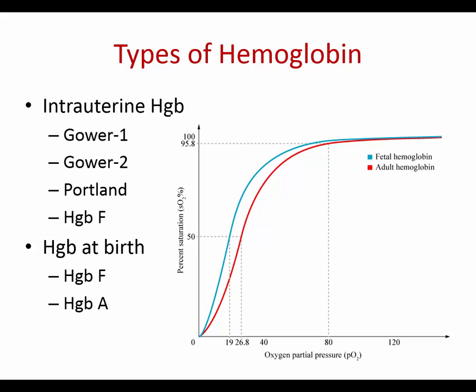Gower 2, when you have 2 alpha, 2 epsilon. Portland, when you have 2 zeta, 2 gamma. Hemoglobin F, when you have 2 alpha, 2 gamma.